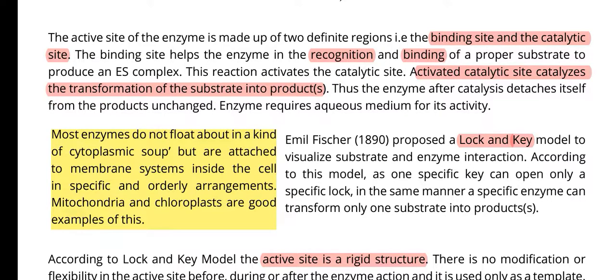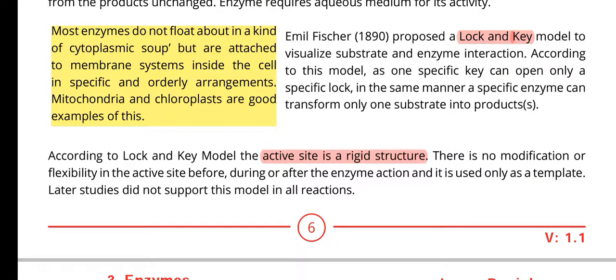Next are two very important models about the working of enzymes. The first is the lock and key model and the second is the induced fit model. As the name represents, the lock and key model describes that as a specific key can be used to open a specific lock, in the same manner a specific enzyme can transform only one substrate into products.